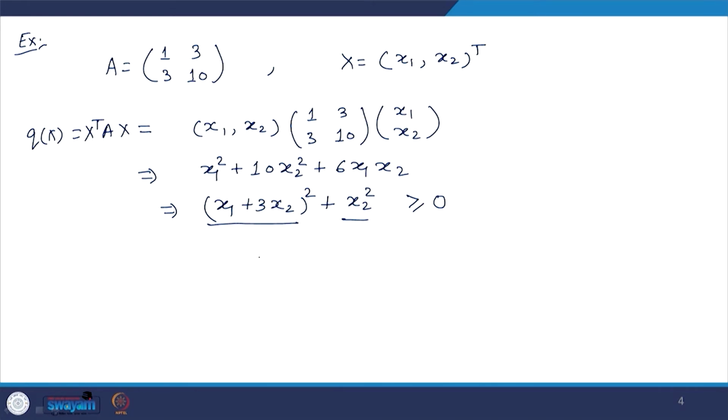Hence, A is positive semi-definite. In short, I am writing positive semi-definite as PSD. P stands for positive, S for semi, and D for definite. So, a positive semi-definite matrix.